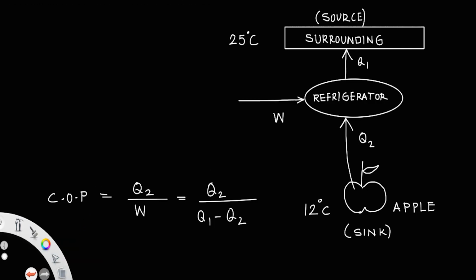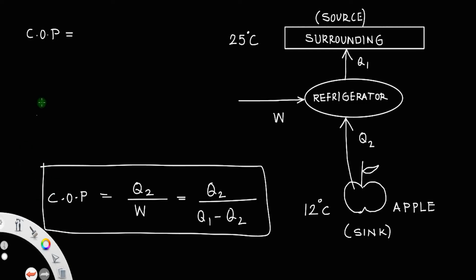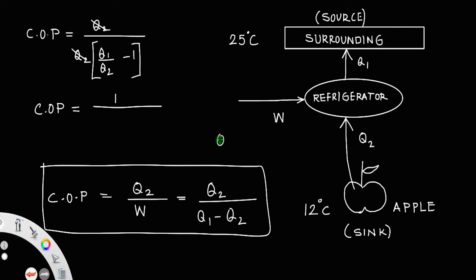You can write COP is equal to Q2 divided by Q1 minus Q2. This is one of the formulas. You can take Q2 out of the denominator, so it becomes Q1 by Q2 minus 1, and cancel Q2 and Q2. So COP will be 1 divided by Q1 by Q2 minus 1. Heat is always proportional to temperature. The flow of heat depends on the temperature of the sink and the temperature of the surroundings.